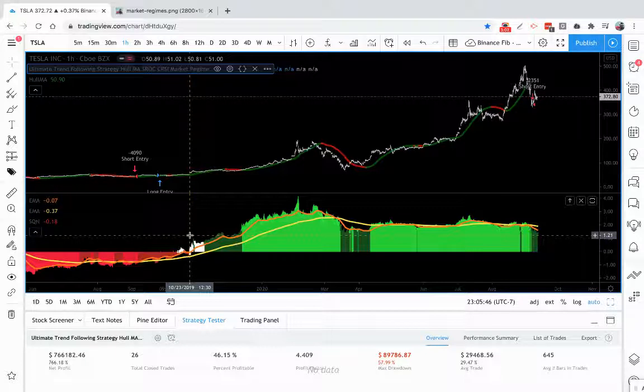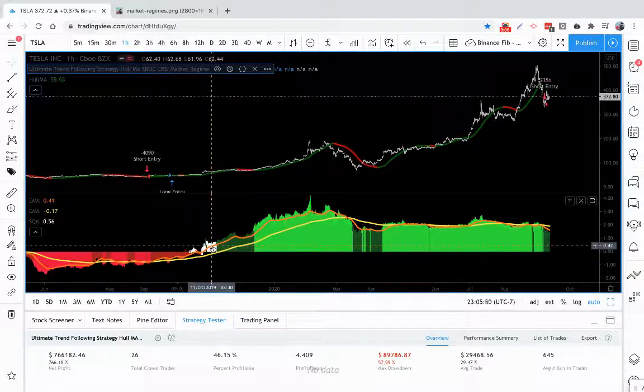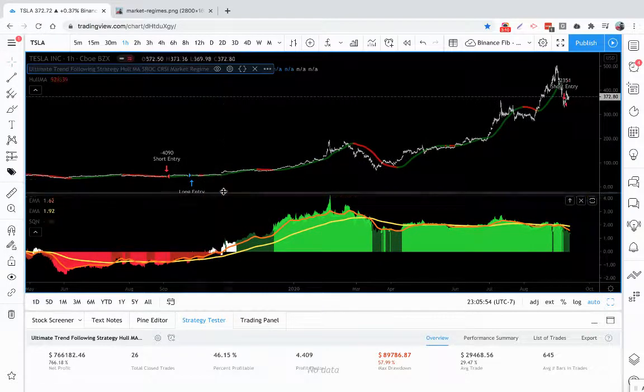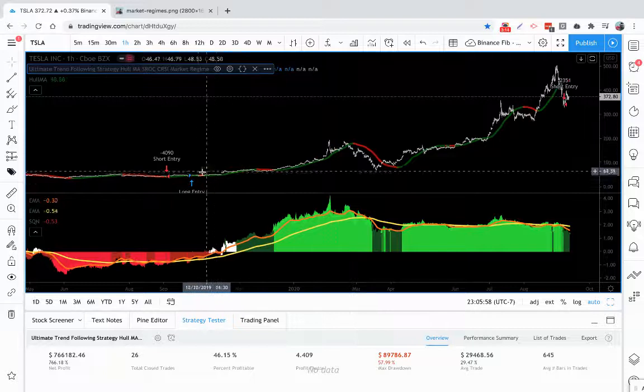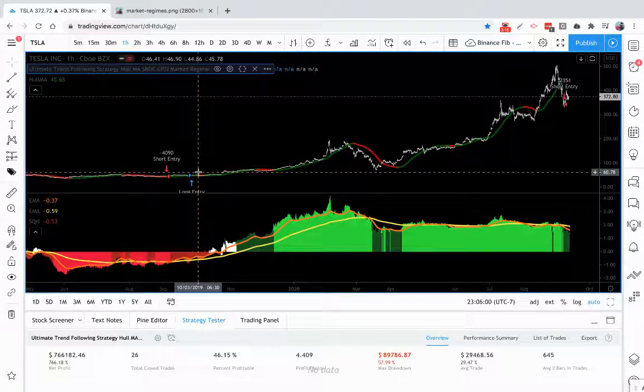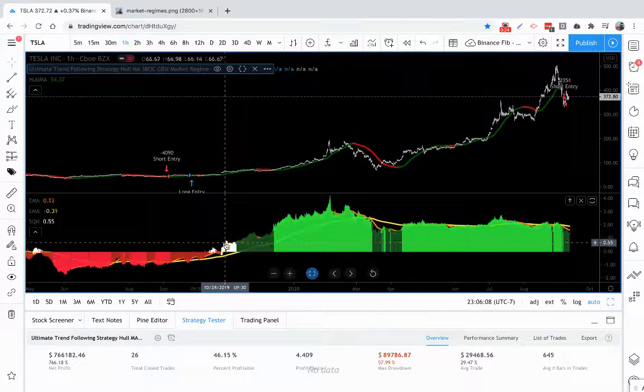So you can see on the market regimes on the setting that Tesla started a bull market back in 2019 before it really popped up, when it was still $60 or so. I think they did a 10-to-1 split, so it might have even been $420 at that time. But anyways, it started over here.